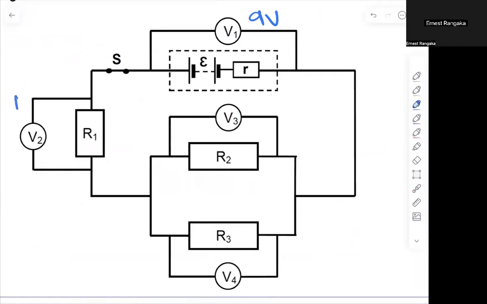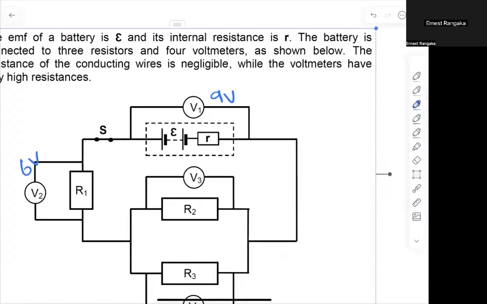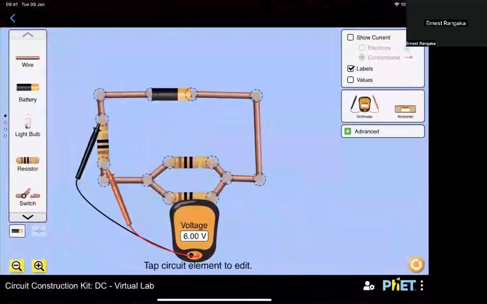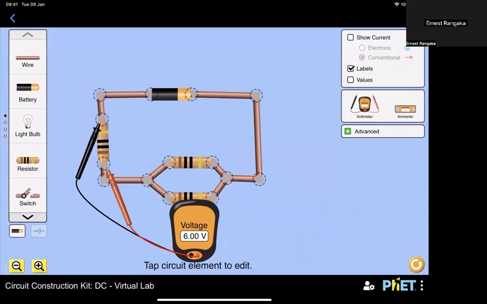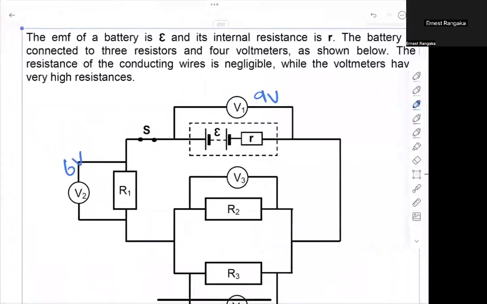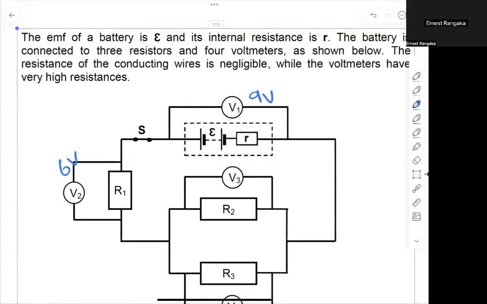V2, we got 6 volts. Let's quickly go back and measure the other ones. Sorry, I moved my image. Okay, now I'm going to measure V3. V3 is here, and that gives me 3 volts. So I can quickly go write that down, right?